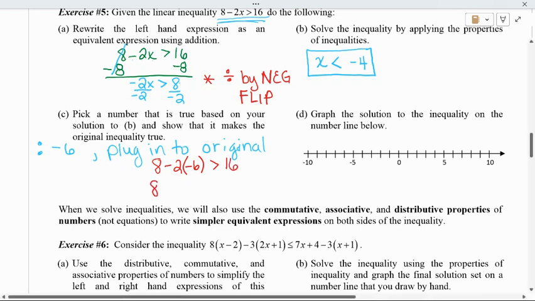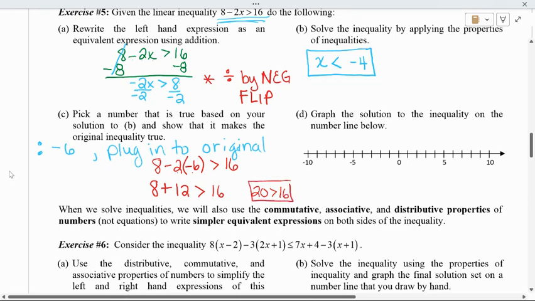Let's see, what is negative 2 times negative 6? Positive 12. 8 plus 12 is 20. Is 20 greater than 16? Yes, it is. This is true.